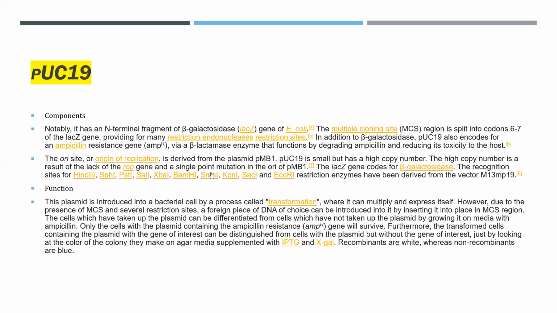Furthermore, the transformed cells containing the plasmid with the gene of interest can be differentiated from cells with the plasmid but without the gene of interest just by looking at the color of the colony they make on agar media supplemented with IPTG and X-gal. Recombinants are white whereas non-recombinants are blue.